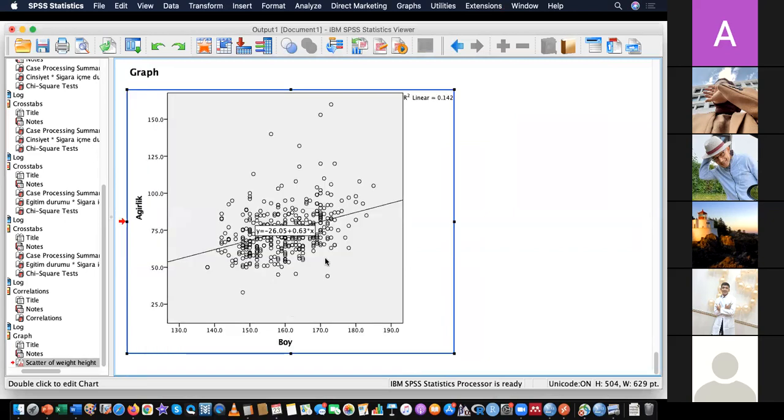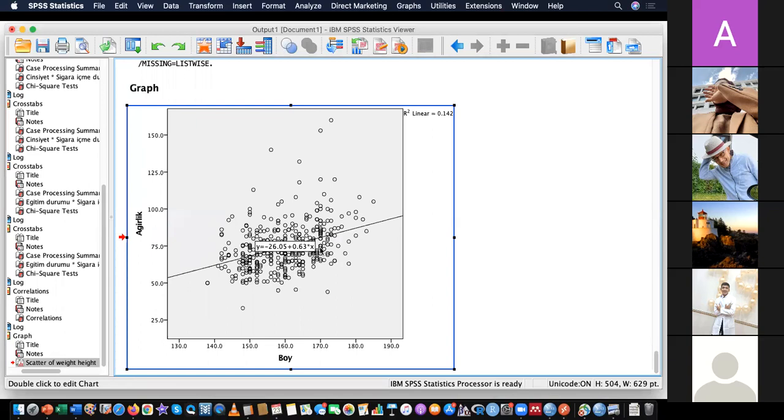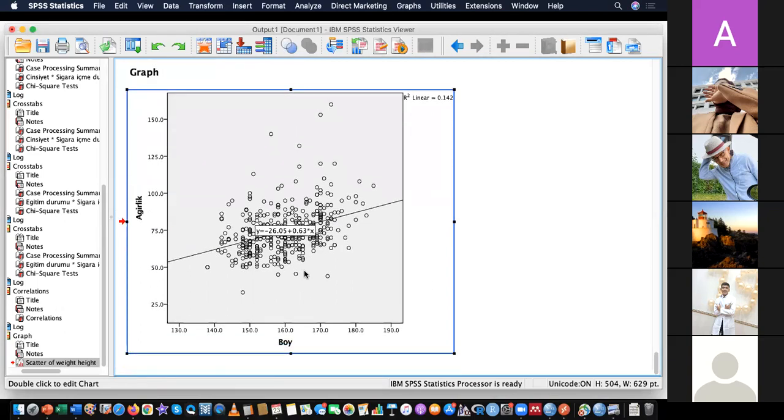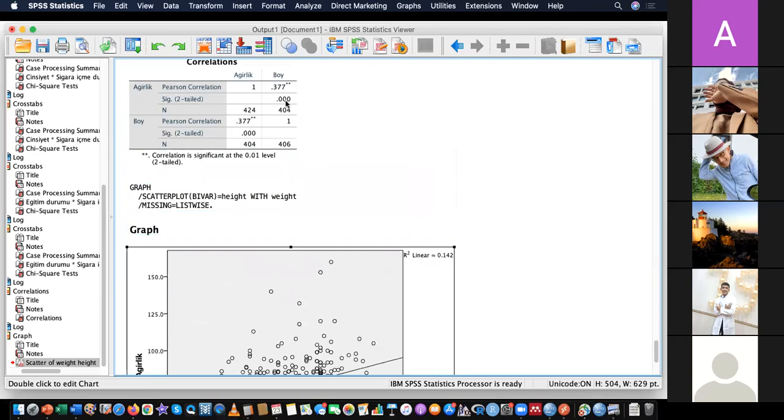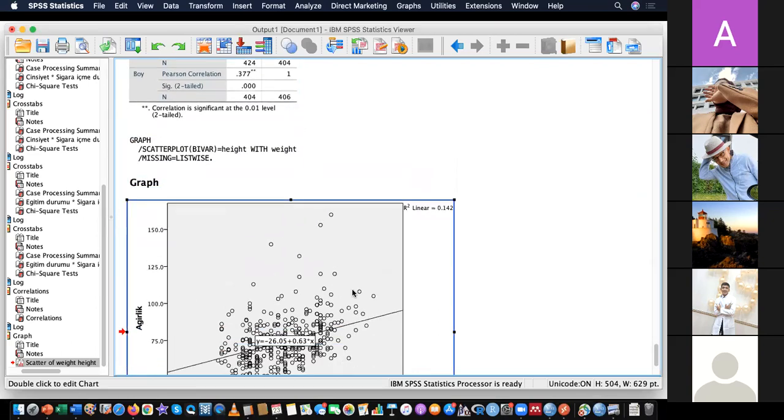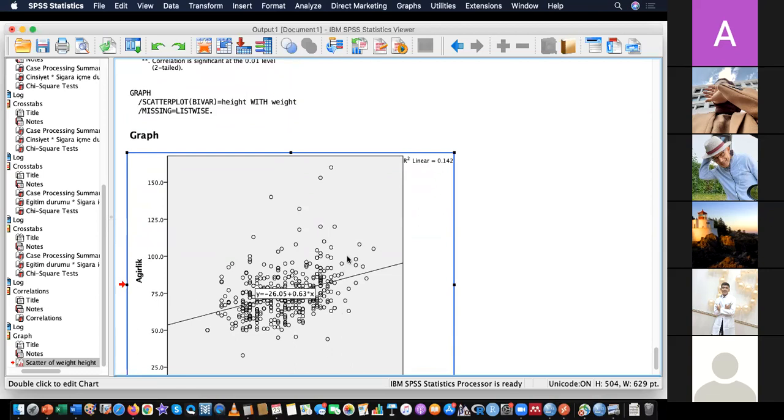Let us see the R value here. The slope is, you see the formula, minus 26 plus 0.63 multiplied by x. This is the slope of my formula. Okay, so this is the regression formula, actually.